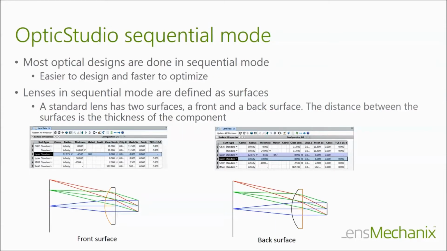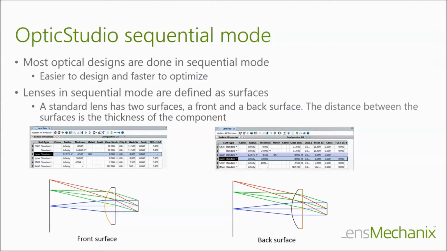We'll start off talking a little bit about OpticStudio's sequential mode. Most optical designs are actually done in sequential mode. This is because it's easier to design, it's faster to optimize the system, and in sequential mode, most components are defined as surfaces.